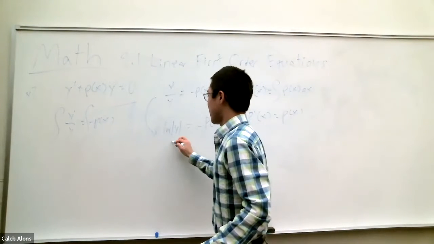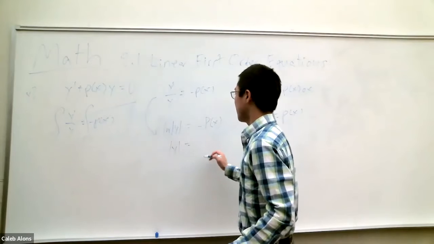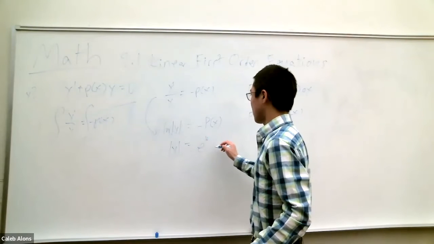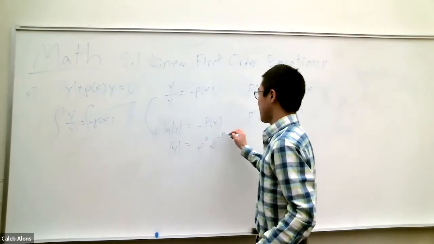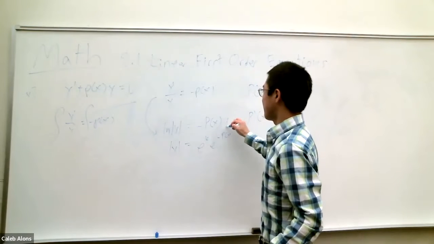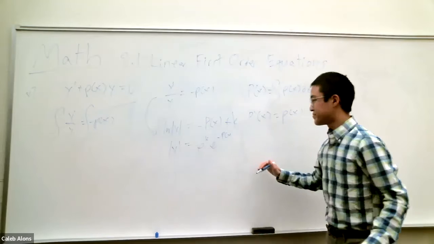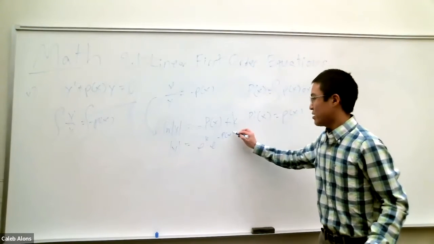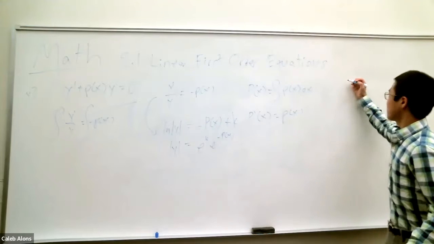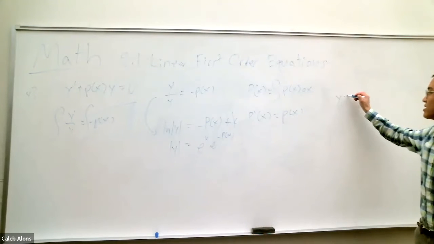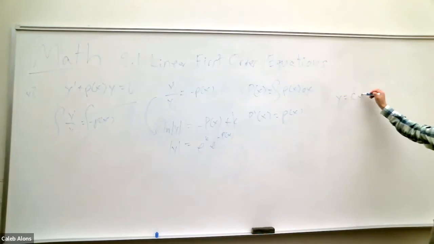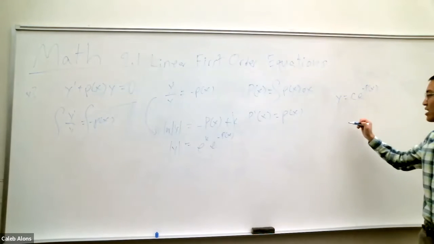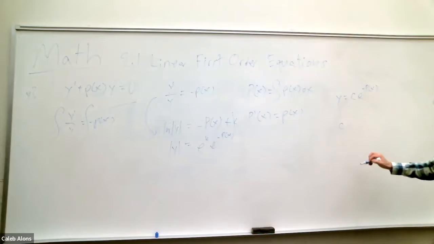So then the absolute value of y is equal to e to the k times e to the minus x, because I forgot to put that there. Note that y is equal to c e to the minus p x, but we have to define everything now because we're talking about a general solution.